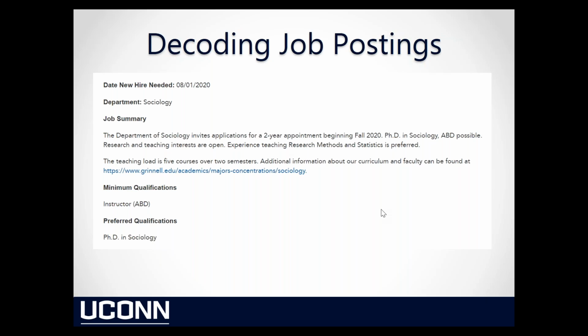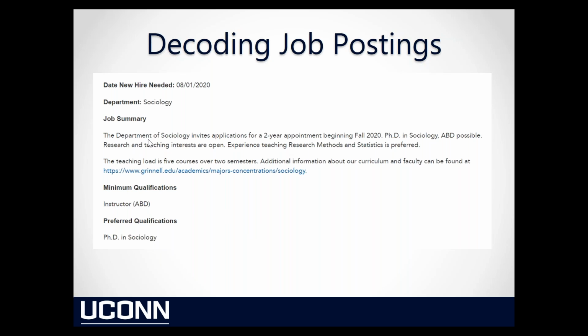So let's look at a position, and we're going to spend a little time decoding the job posting. This is a position in the sociology department at Grinnell College. In this slide, we see some information here.